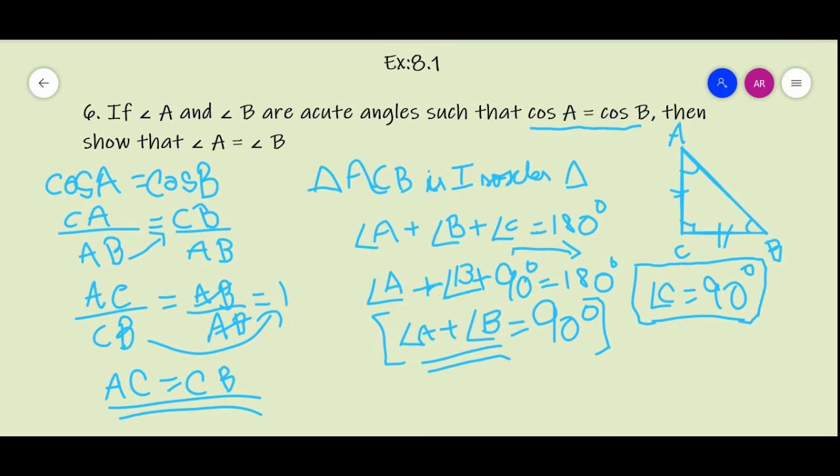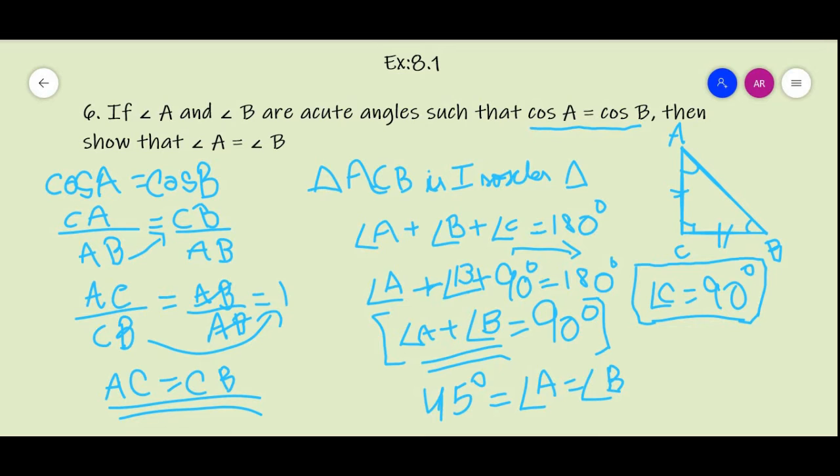How? We can actually prove it also. You can take angle A plus angle B is equal to 90 degrees, so each is going to be 45 degrees. So angle A is equal to angle B is equal to 45 degrees. I hope you understood. We have taken many situations in here. Basically, in a triangle the sum of all the angles is 180 degrees.